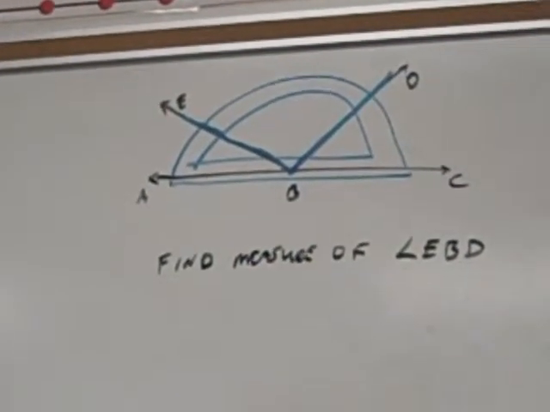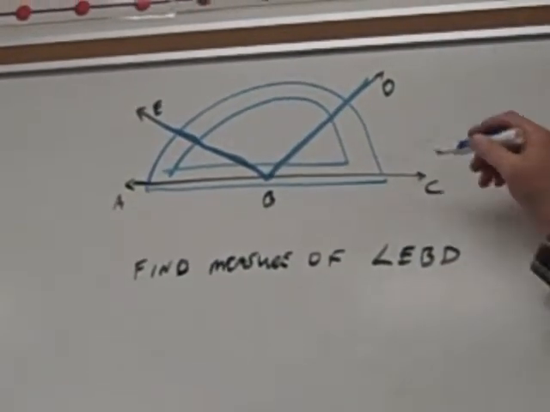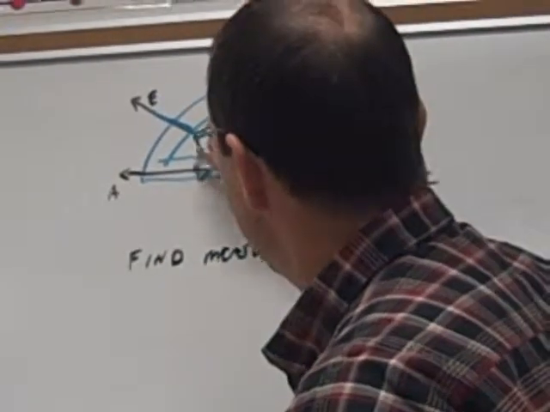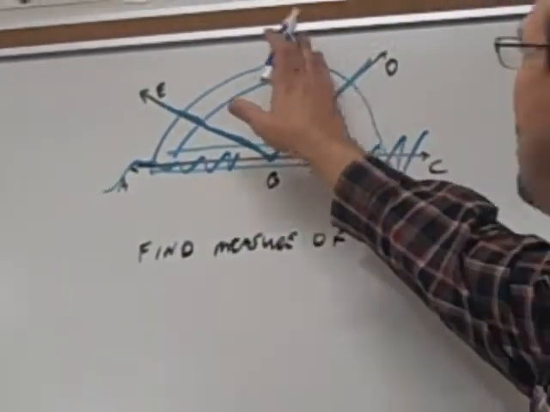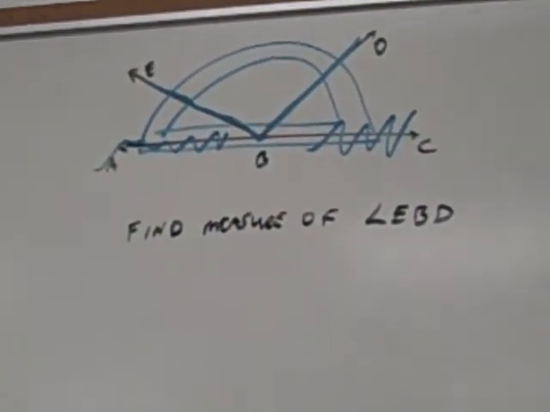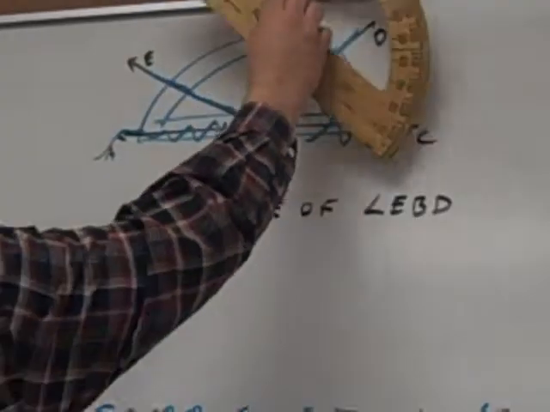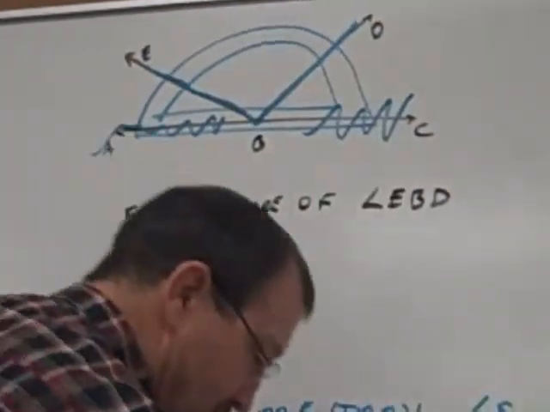That's the one I'm measuring. Everybody okay with that? That means I'm not doing this one, I'm not doing this one. I'm doing this guy. Now my protractor's already up there, isn't it? I don't have to get my John Deere tractor and do it. I have a protractor up there.